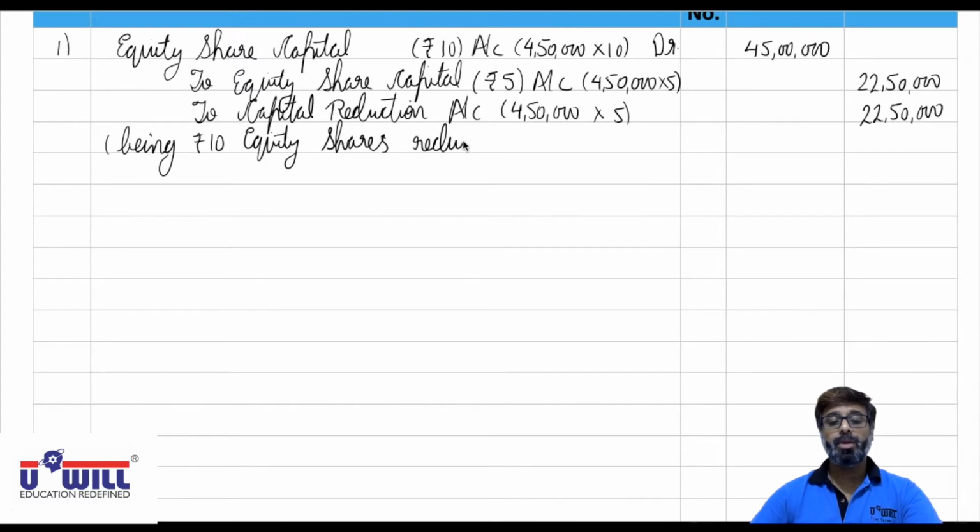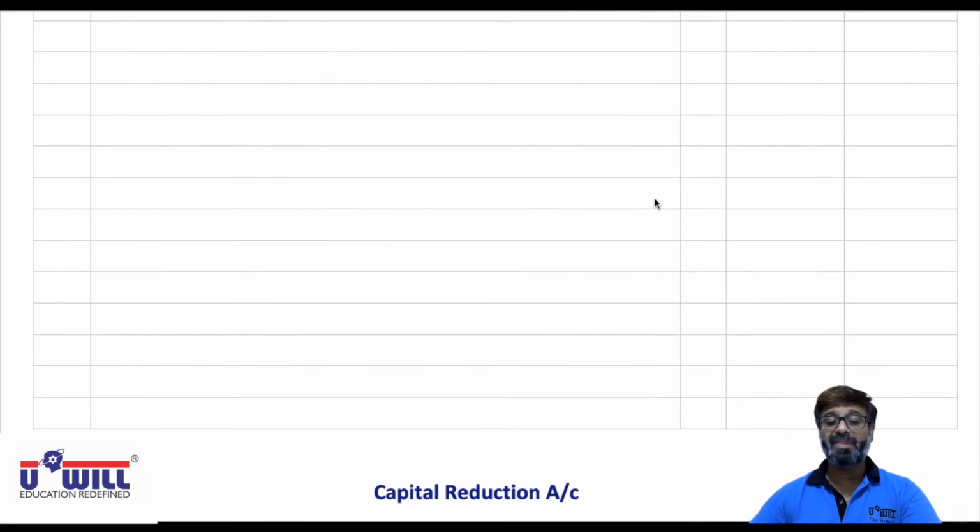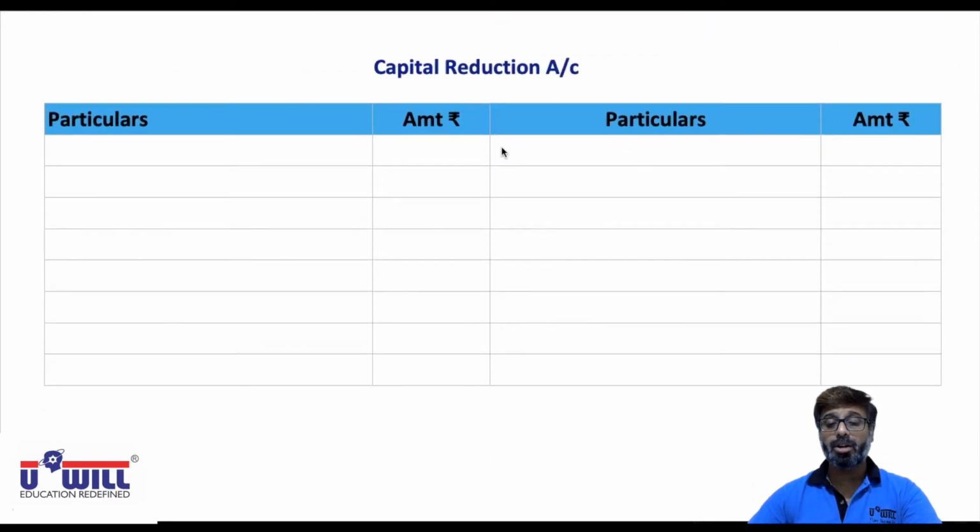Now, the posting. To capital reduction account 22,50,000: in the capital reduction account we will write on the credit side, opposite account, by equity share capital account, 22,50,000.